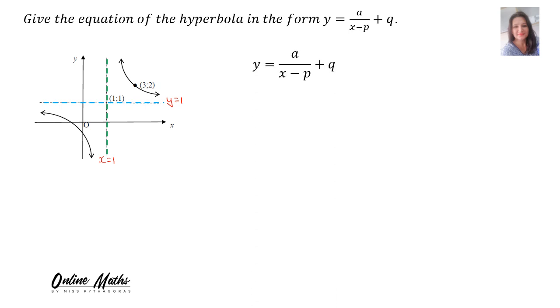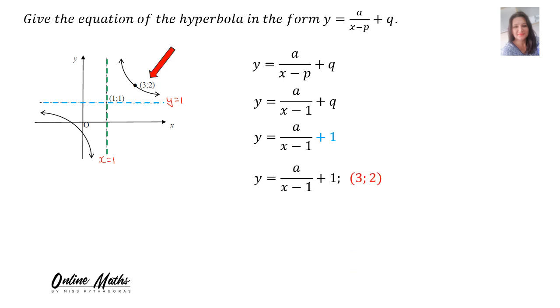So we will start with the equation y is equal to a over x minus p plus q. Then your vertical asymptote x is equal to 1, that 1 goes into p's place. Your horizontal asymptote y is equal to 1, that 1 goes into q's place. And then now we will substitute this other point, the point (3, 2) that was given, in x and y's place.